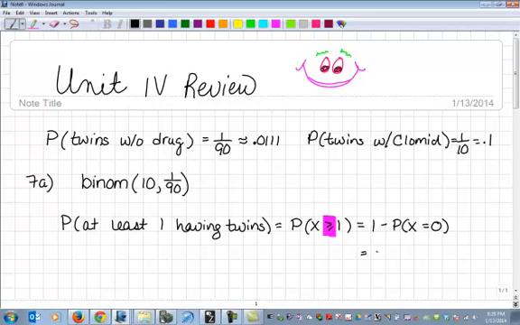So this equals 1 minus, well, I could treat this as the binomial, or I could treat this like I did before. It's going to come out with the same result. So here I could say, well, how many ways can I select no moms out of 10? And I want none of them to have twins, and all of them to not have twins.